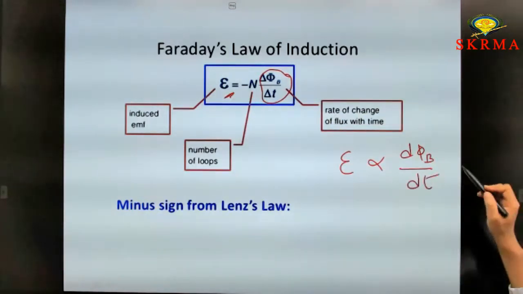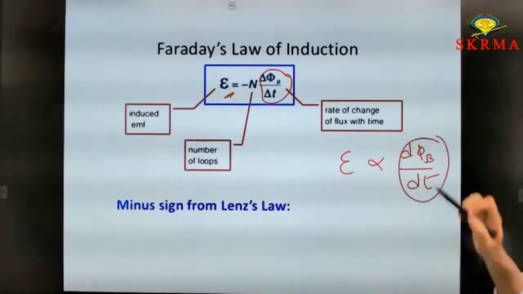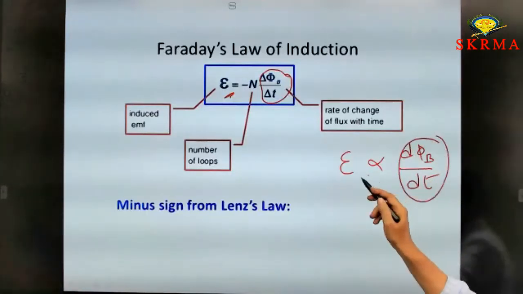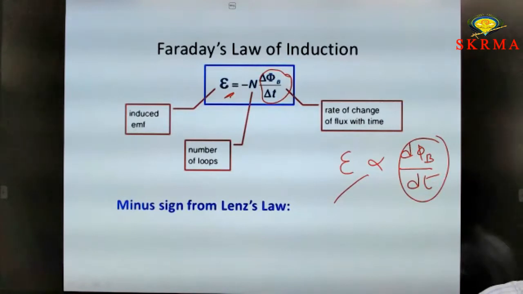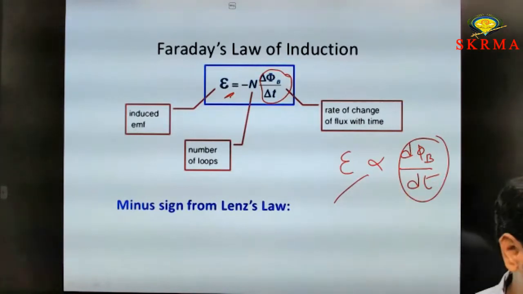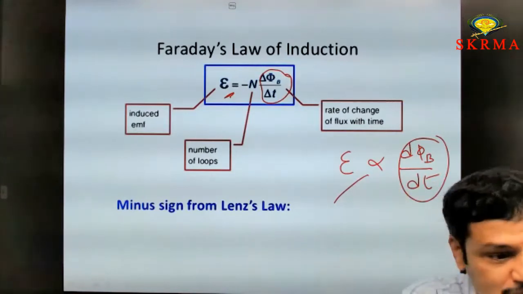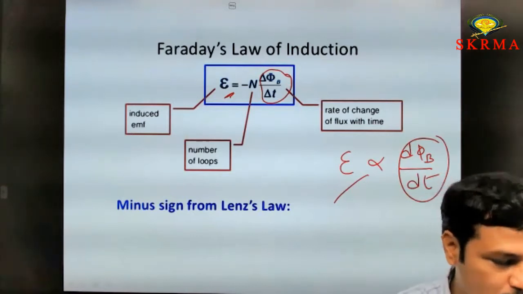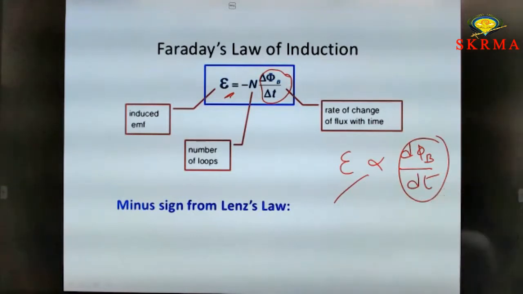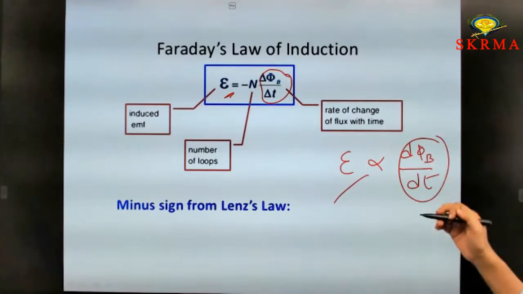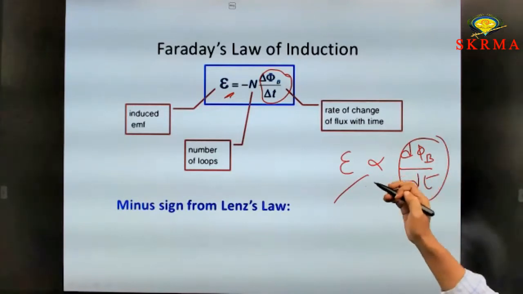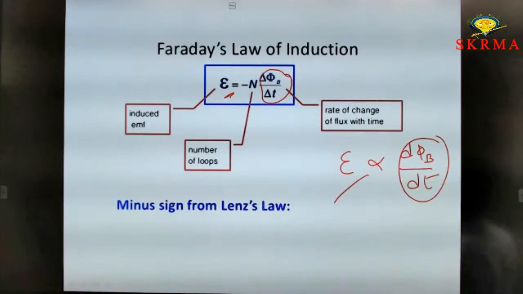The basic form is that whenever the magnetic flux changes with time, then automatically the electromotive force, or induced EMF, is produced. EMF is induced in the conductor. That is the basic thing we saw in the first diagram. Whenever the magnetic flux changes, EMF is induced in the conductor.